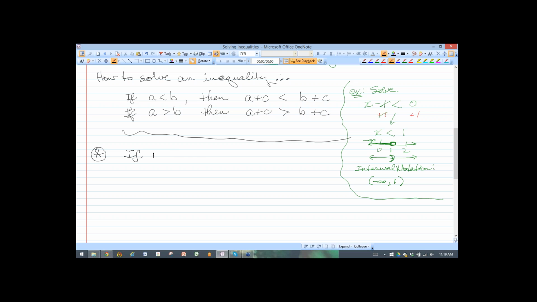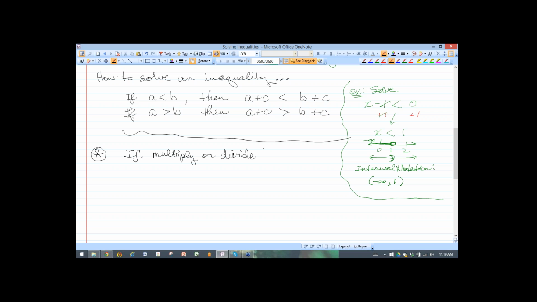If you multiply or divide, I'm going to put this in plain English for you because I think this is a more important one. This is where things would be different.